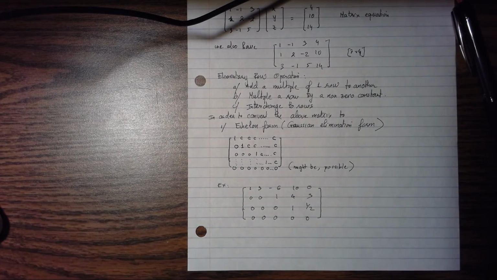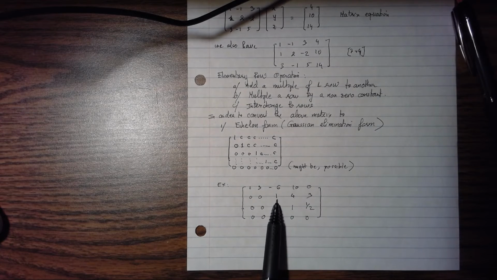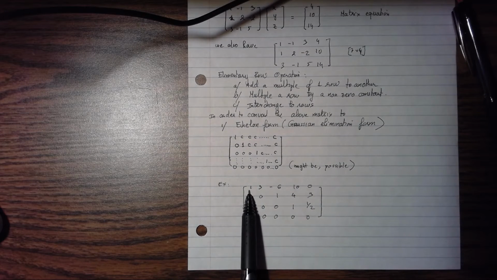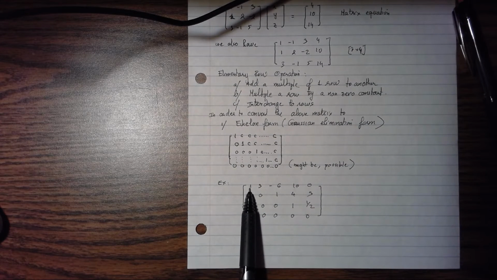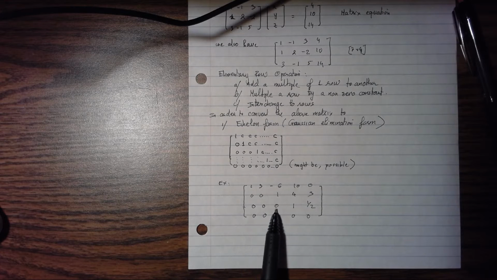Okay. Now just look at this example. You see that all the non-zero leading entries are 1, and each is always to the right of the non-zero leading entry of the previous row. See, this 1 is on the right of the 1 on the first row, and on the left is 0 all the time.